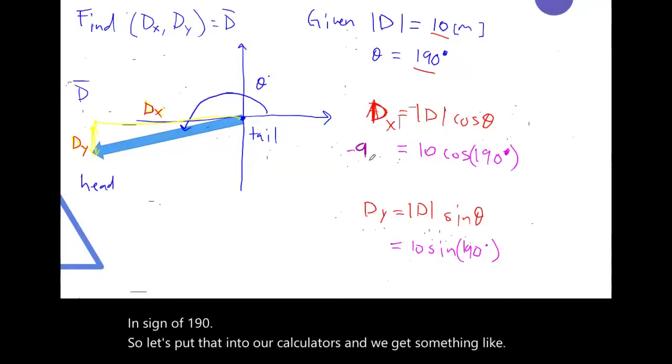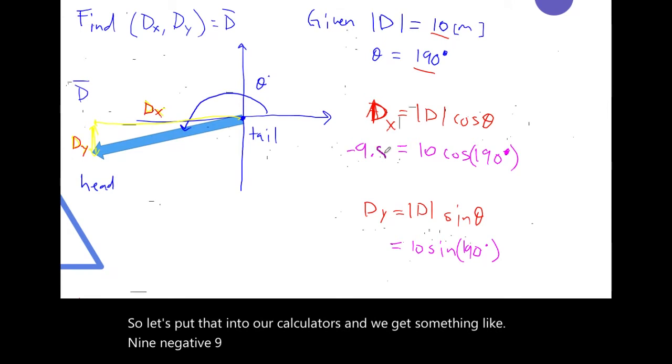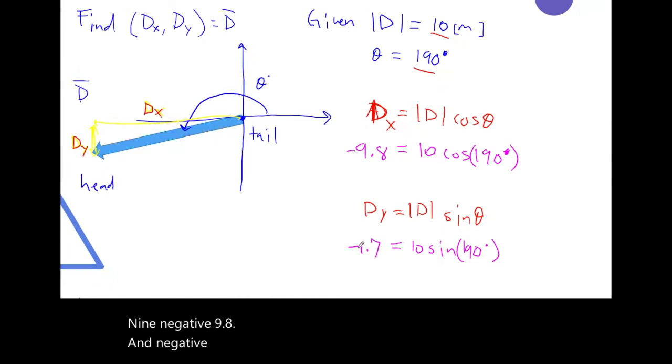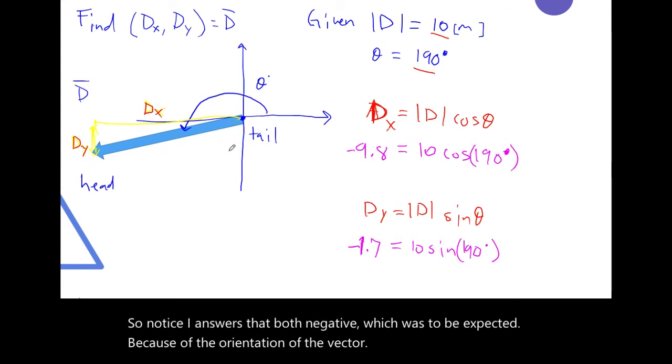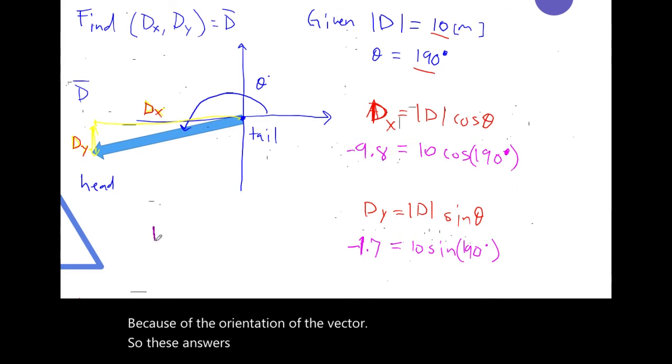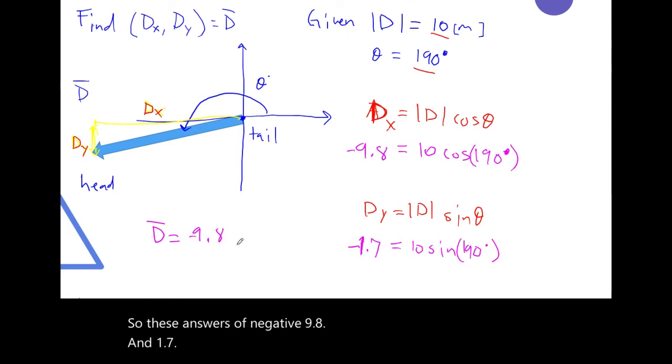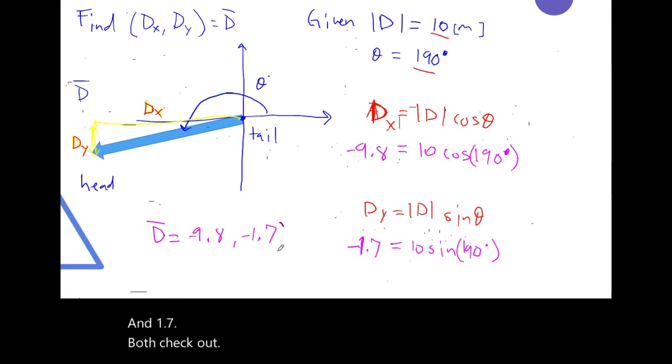I think it's just negative 9.8 and negative 1.7. Okay. So notice our answers, they're both negative, which was to be expected because of the orientation of the vector. So these answers of negative 9.8 and negative 1.7 both check out. Okay, cool.